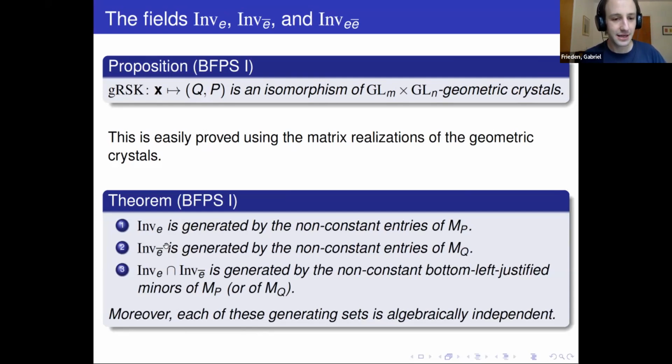Similarly, the invariants of the GLn geometric crystal operators are generated by those entries of the m by m matrix MQ. And then we also prove as a corollary that the things that are simultaneous invariants for both sets of geometric crystal operators are generated by the bottom left justified minors, the ones that are non-trivial.